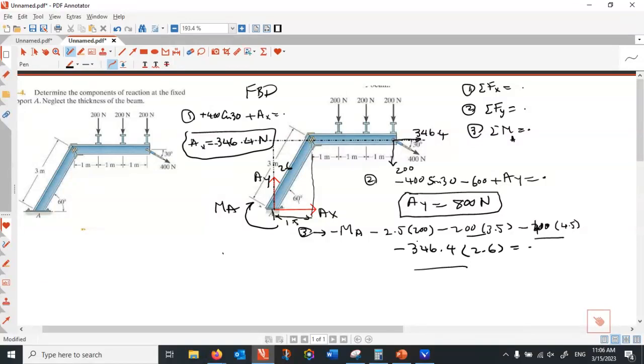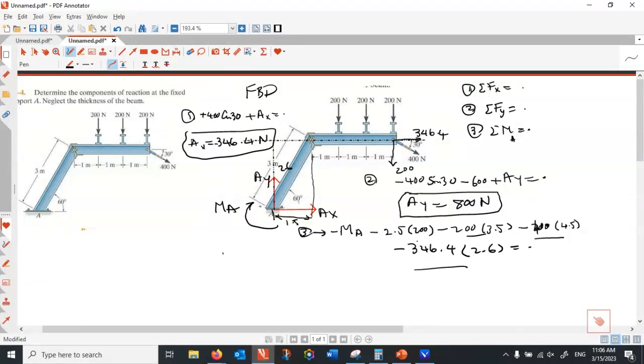Just to do the numbers, if you cannot do it in your memory, just use a calculator, solve that equation. What you get for MA would be a negative number. You find the assumed direction is not correct. It should have been counterclockwise. We assumed this to be clockwise.